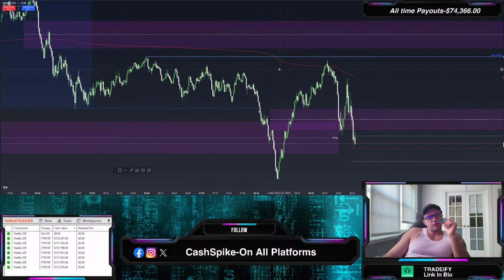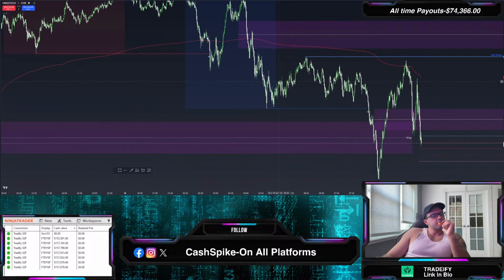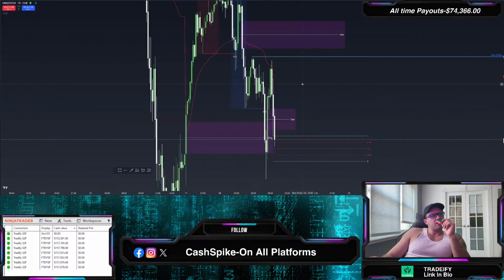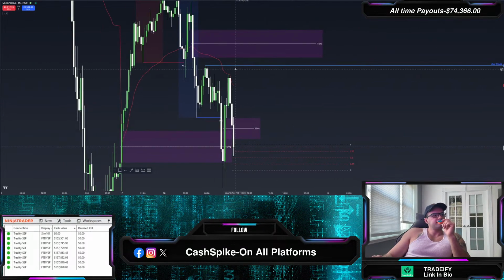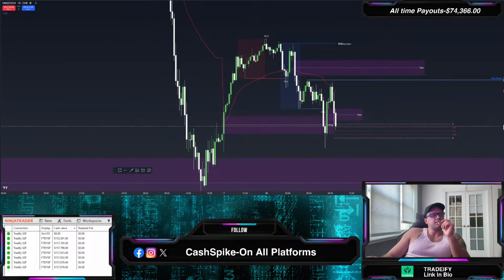We did take some liquidity over here before we went down though, on the 1 minute. But after this big drop down, I want to see the price do a bit more of a repricing.